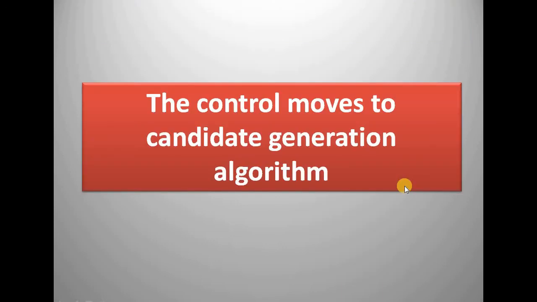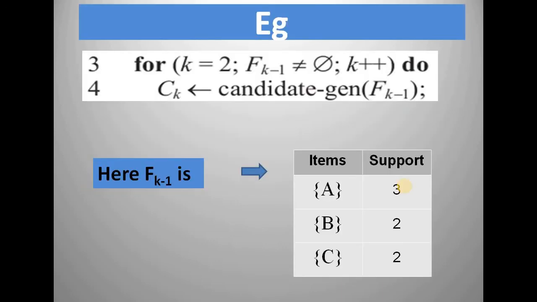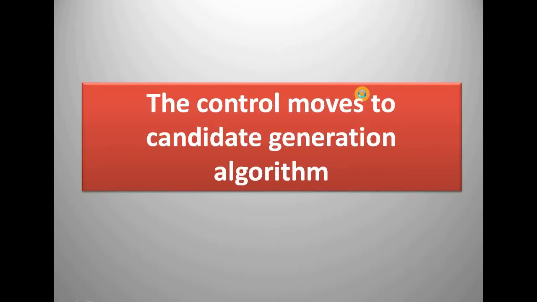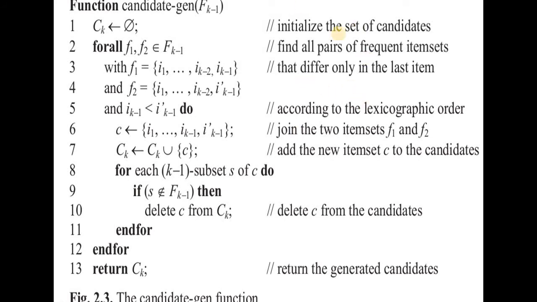Now the control moves to the candidate generation function. I have called the candidate generation function here in this example, in the fourth line. Straight away the control moves to the candidate generation algorithm. This is the candidate generation algorithm. Here also we will move step by step. At the first step, Ck is null. We don't have any combinations. We haven't done any joining or pruning process. So at present the value of Ck is null.